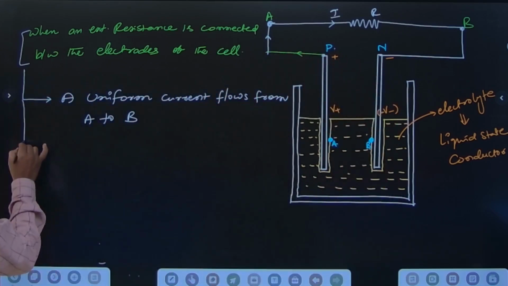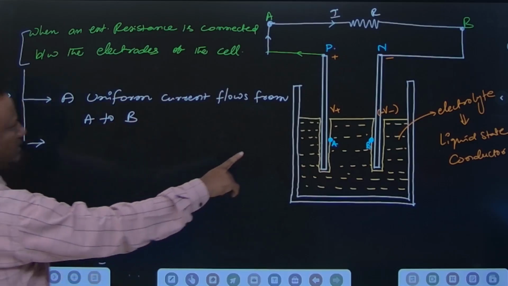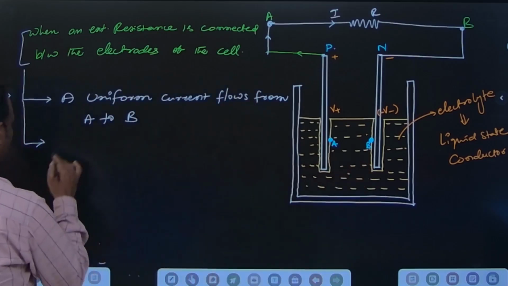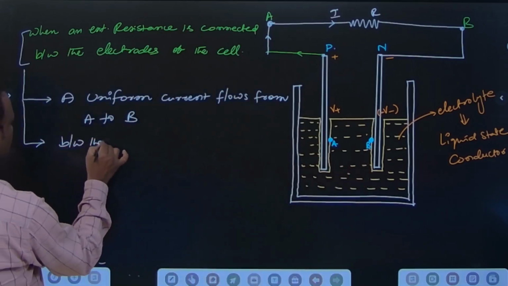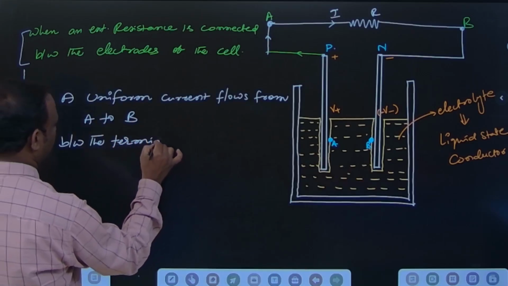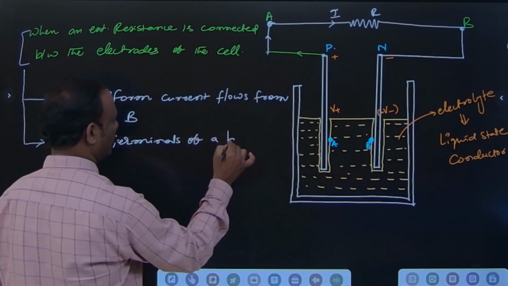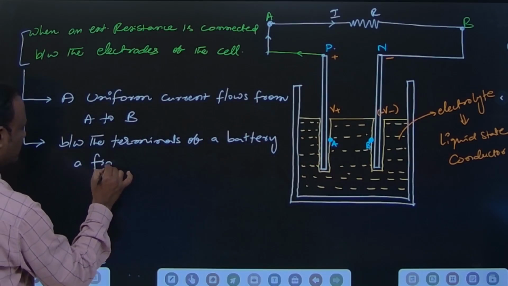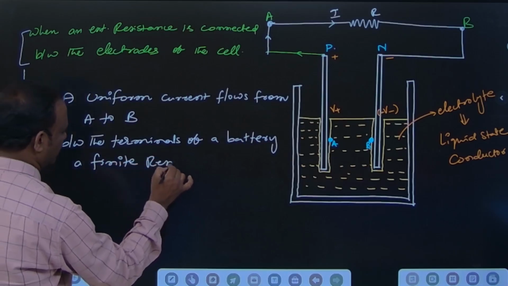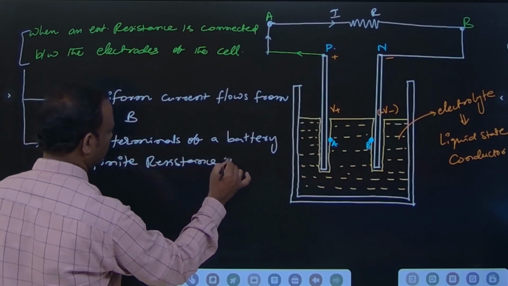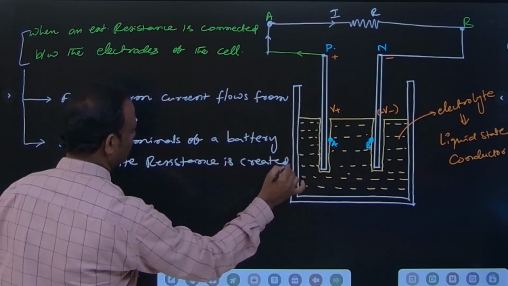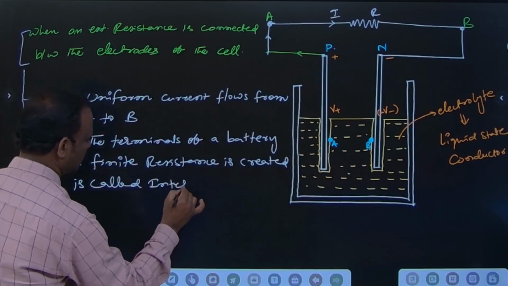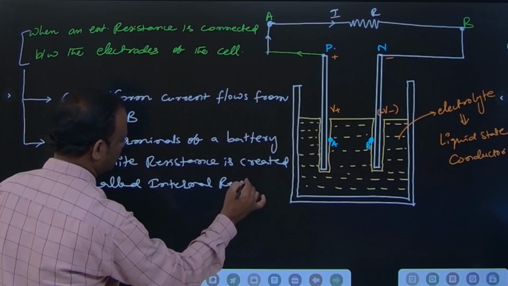After this, between the terminals of a battery, a finite resistance is created, which is called internal resistance.